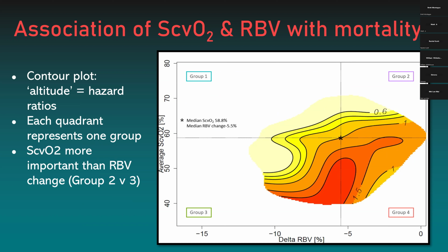And reading this like you would a map of a hilly area, and the actual altitude is the hazard ratios they got from their Cox models. And so you can see, if we're using group 1 as the reference, just how much better visually groups 1 and 2 are doing compared to 3 and 4, because of their higher central venous oxygen saturation.